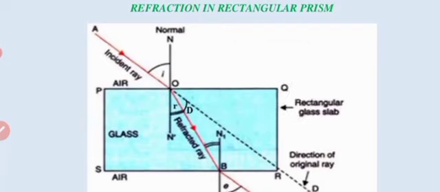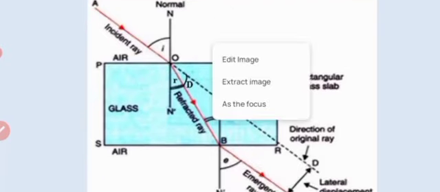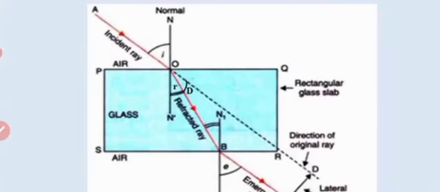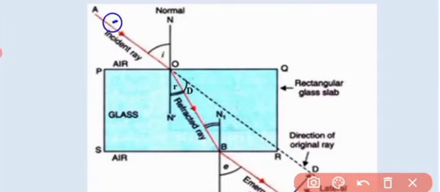Here is a picture of a rectangular glass prism. As you can see, we have a rectangular glass prism, and let's say this is the incident ray coming into the glass prism, and this is the normal. I believe we are a bit familiar with these terms from the video on plane mirror.